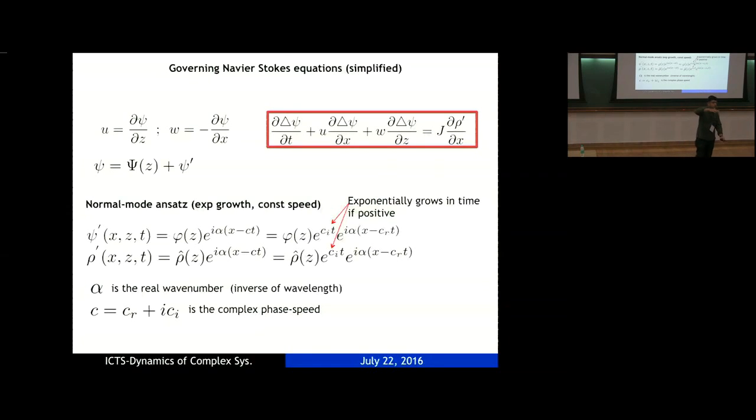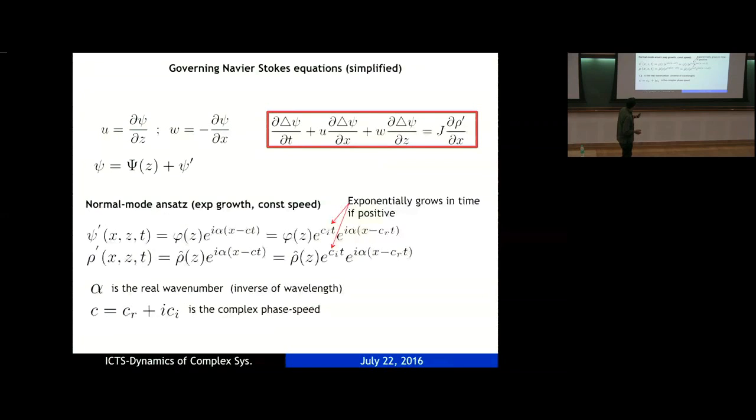It just grows exponentially, means the wave will just get magnified or its amplitude will just exponentially grow or decay. Or if the wave is moving, its phase speed or celerity, whatever you call it, that does not change. So that is kind of a normal mode. A normal mode won't get deformed. And that's what actually mathematically it comes out to be.